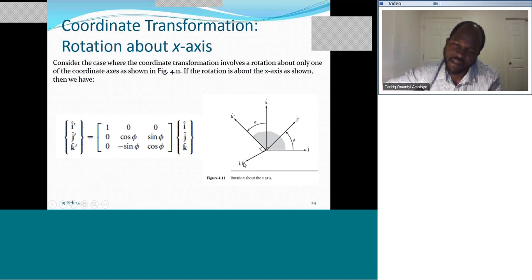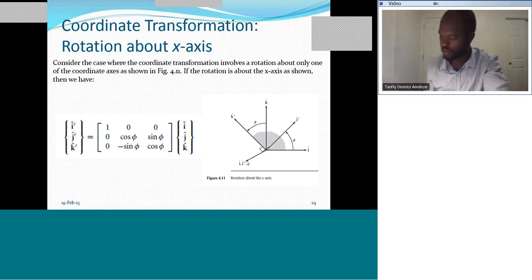That means the i, the unit vector in the x direction for the prime and the unprimed system, are coincident. That means i prime equals i. Let me quickly draw this down so I can switch to the webcam.